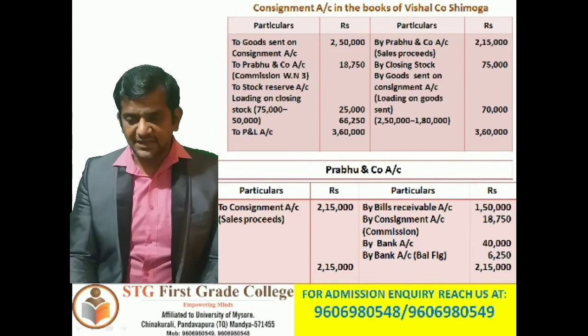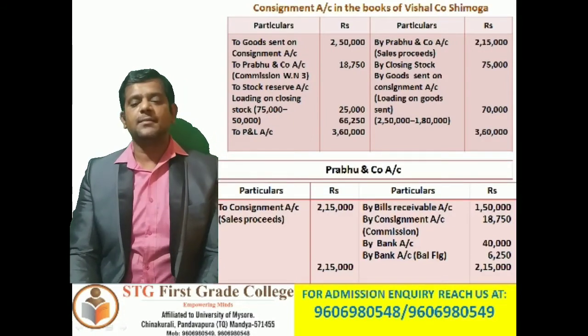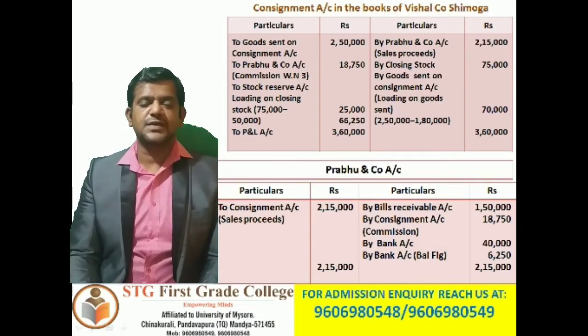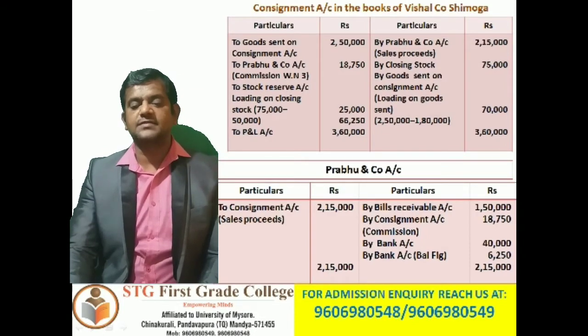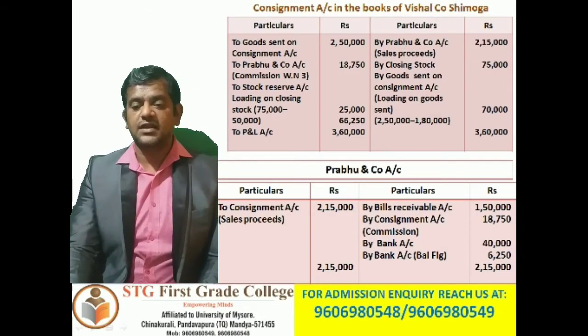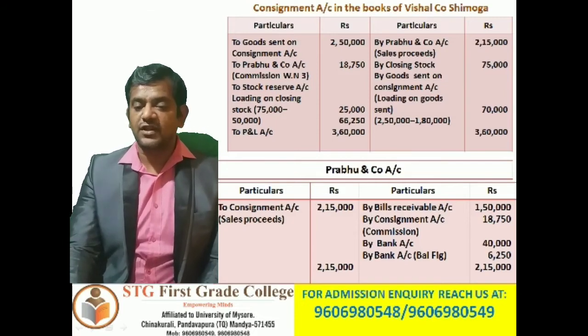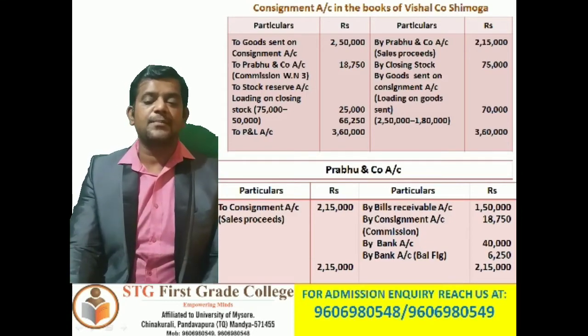Then by consignee account, commission is how much? 18,750. Then by bank account 40,000. That bank account 40,000 is paid through a draft, which is clearly said in the problem: Vishal Traders had received from Prabhu and Company a bank draft during the year of rupees 40,000.